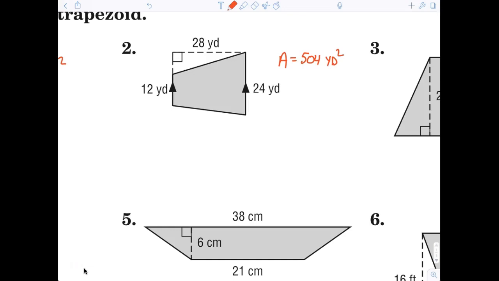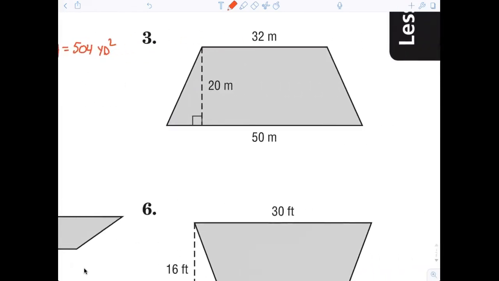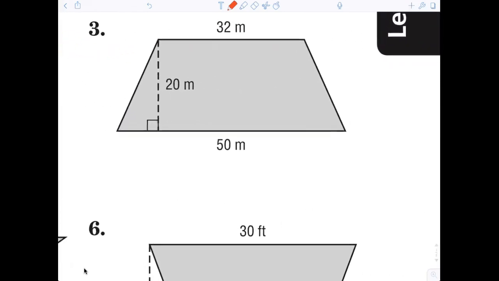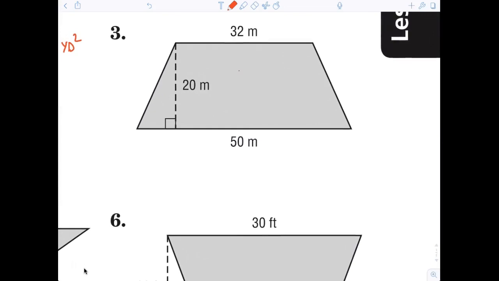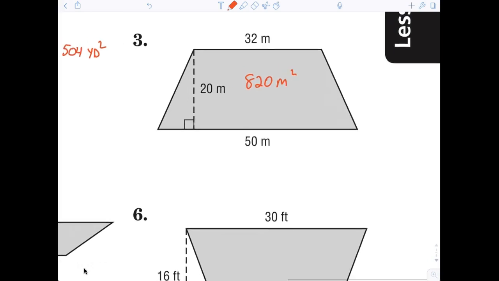Everybody good on this? Tell me about number 3. 820. That's 50 plus 32, then divided by 2, then times 20.